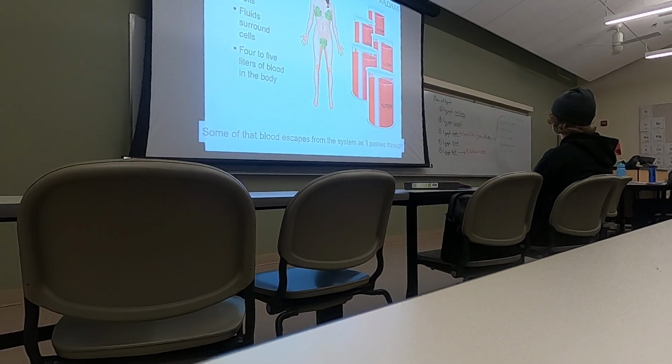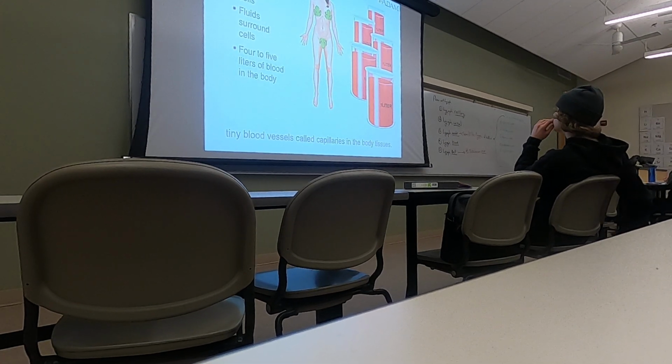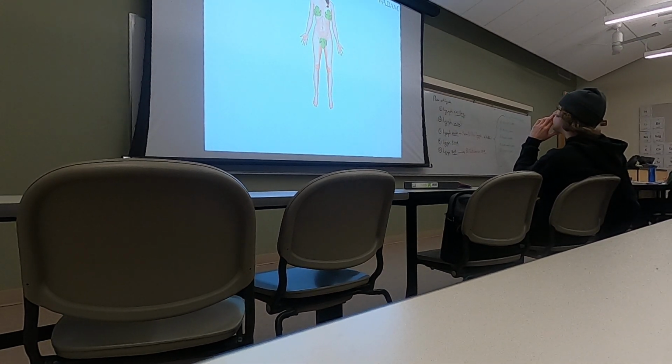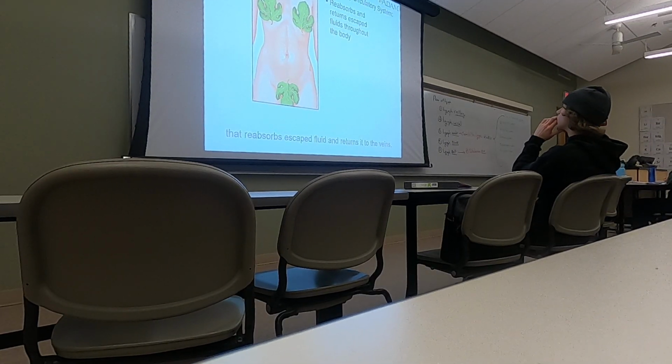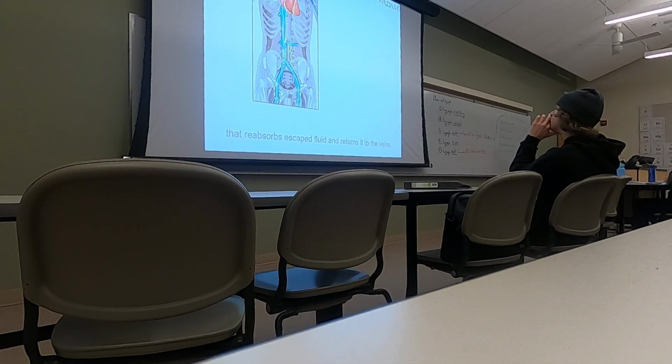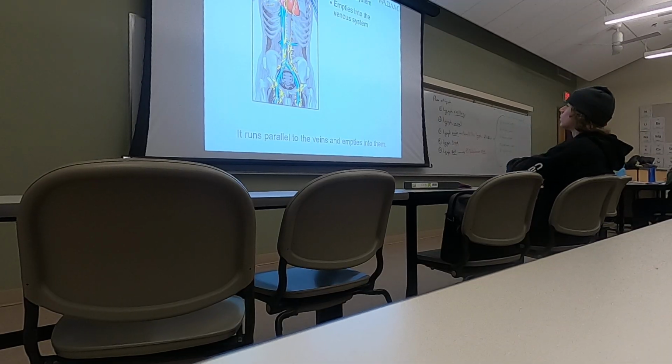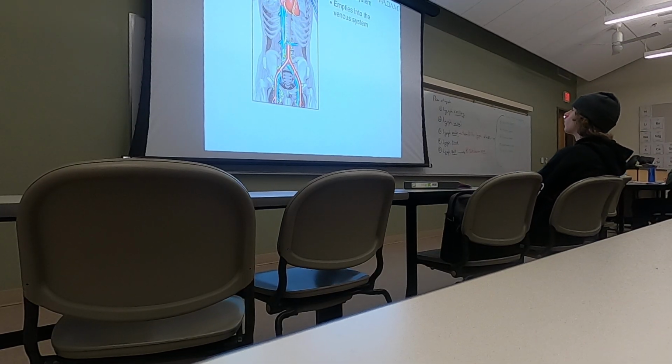Some of that blood escapes from the system as it passes through tiny blood vessels called capillaries in the body tissues. Fortunately, there is a secondary circulatory system that reabsorbs escaped fluid and returns it to the veins. That system is the lymphatic system. It runs parallel to the veins and empties into them.